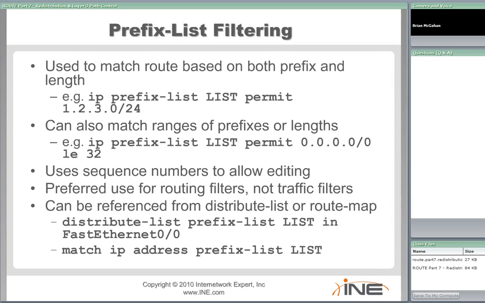In BGP, there's kind of a weird workaround for this, a stopgap before the prefix list was introduced. If you take an extended access list and apply it as a distribute list in BGP, where the source address field normally is, it becomes the route, and the destination address field becomes the subnet mask.